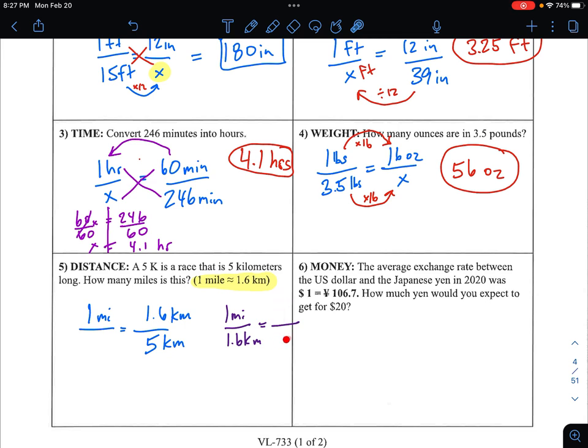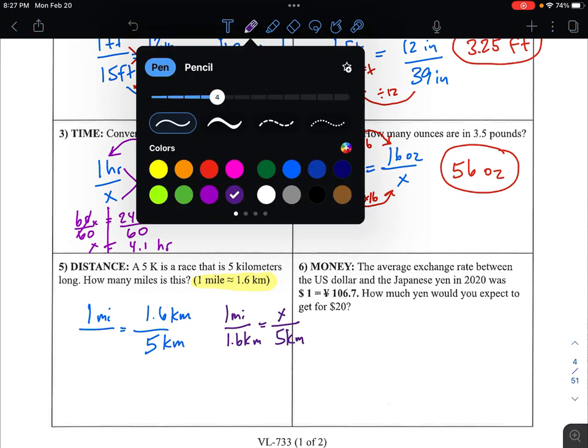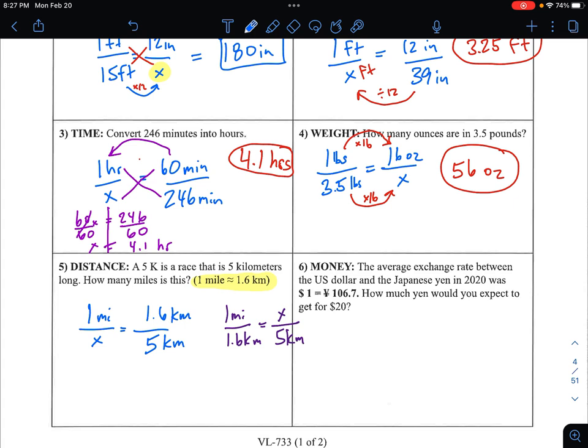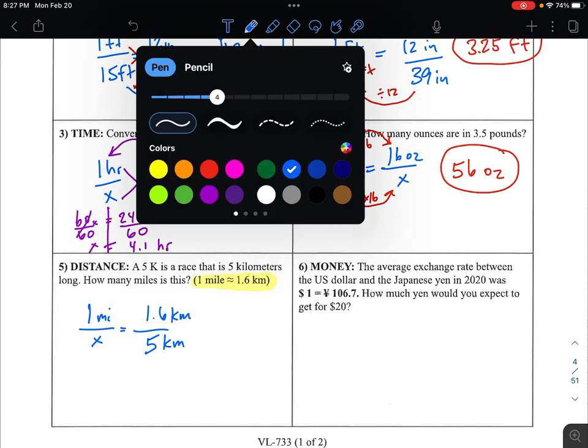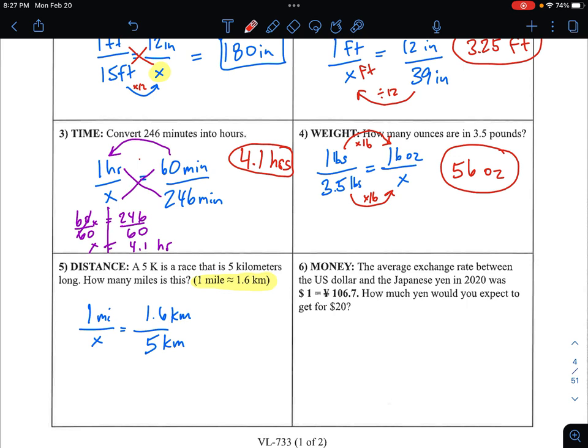Well, if you're thinking bottom, you're correct, because my kilometers were on the bottom. The 5 kilometers need to go on the bottom as well. And so this would be our variable. That's the thing we don't know. All right. So you end up with the same answer, no matter how you set it up. So let's go ahead and figure this out.